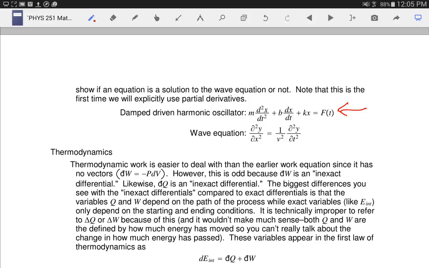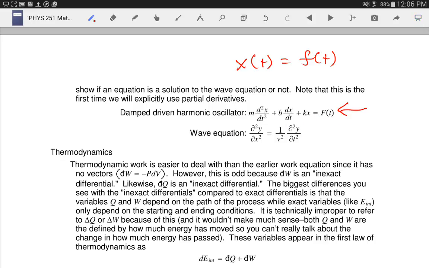I am not going to expect you to solve an equation like that. What I am going to expect you to do is to be able to take x equal to some function and find its second derivative, find its first derivative, put the function in there, and check to see if it's true.